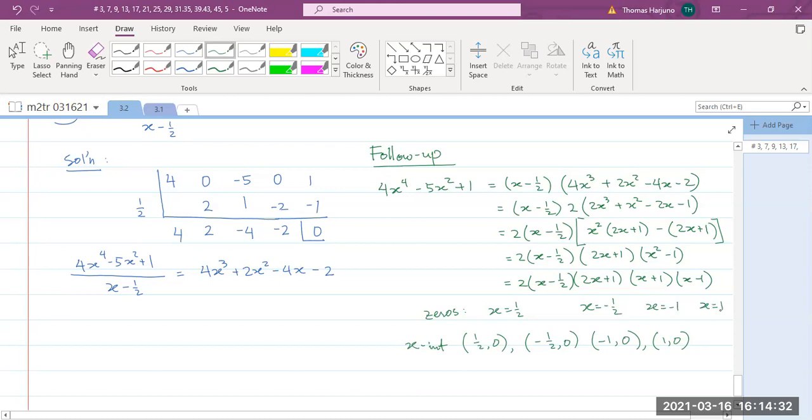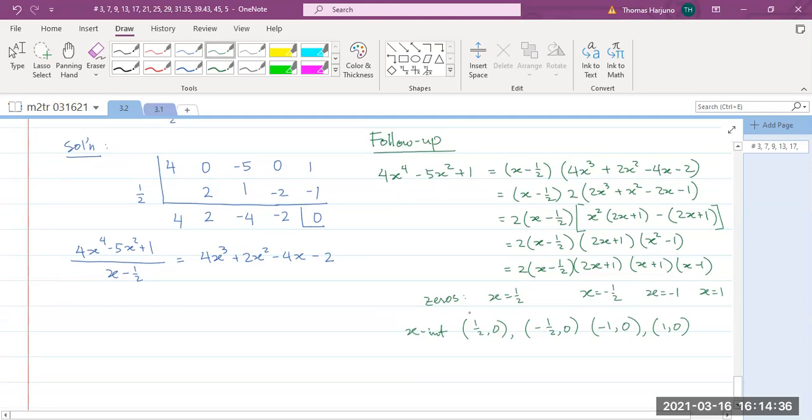And then from those zeros, all of them real numbers, we get the x-intercepts. Meanwhile, we know the y-intercept of this function is 0, 1.